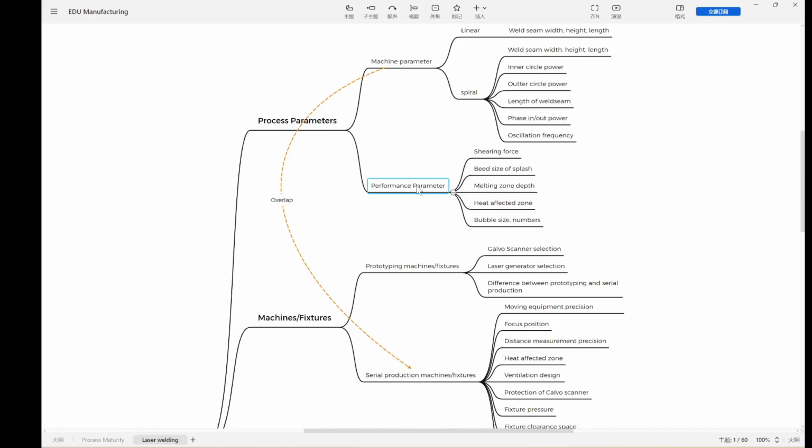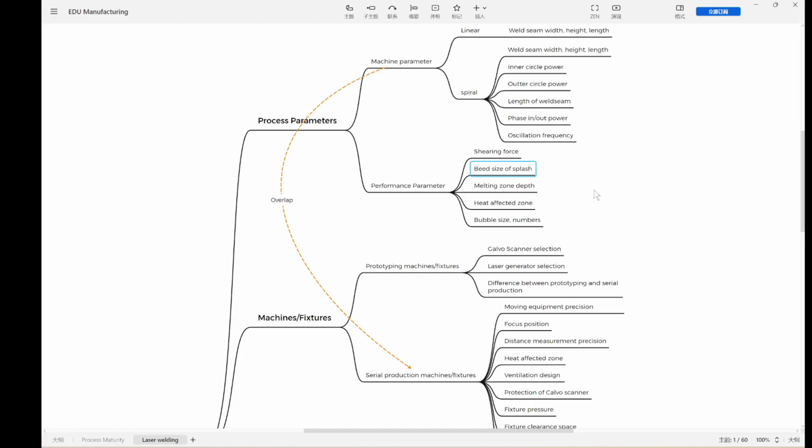A lot of the performance parameters will be given to you by your R&D guys. If they design a product and want to use laser welding, they need to give you the shearing force of the copper and the bead size of splash. What is this?